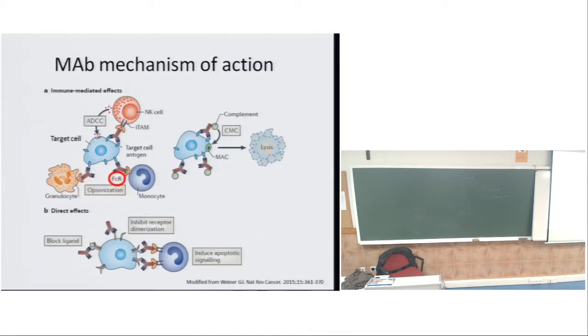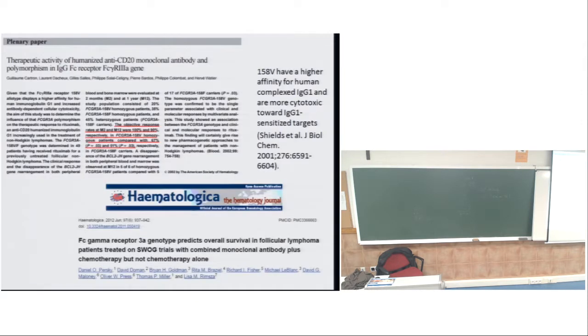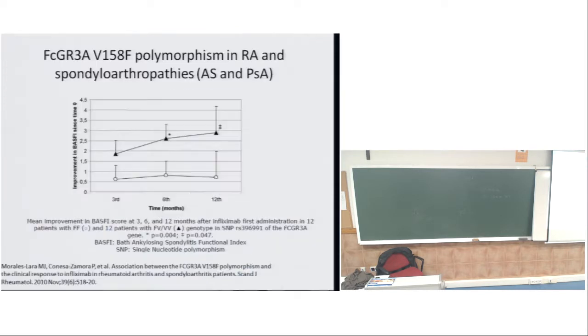Okay, so just trying to focus a little bit on this receptor, because it binds to the Fc portion of the monoclonal antibody. In some cancer, in lymphoma, it has been described that a polymorphism is associated with less response to rituximab, which is an anti-CD20 monoclonal antibody.